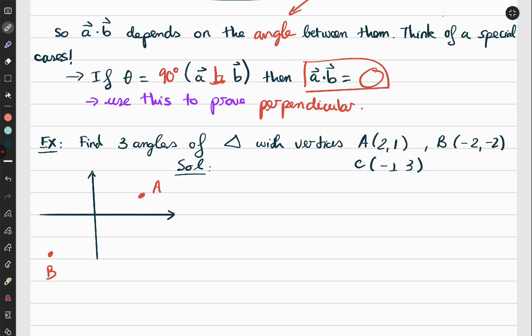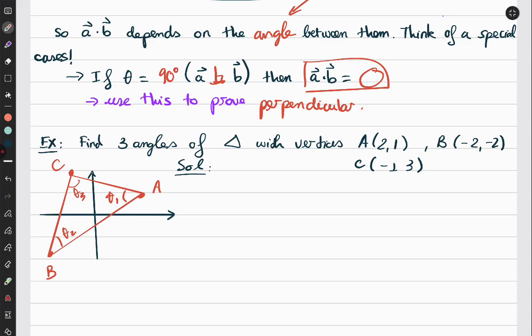Don't need to be precise. C is negative 1 and 3, a little bit higher. Connect them. There you go. Our job is to find theta. Let's call them theta 1, theta 2, theta 3. Find those three thetas.